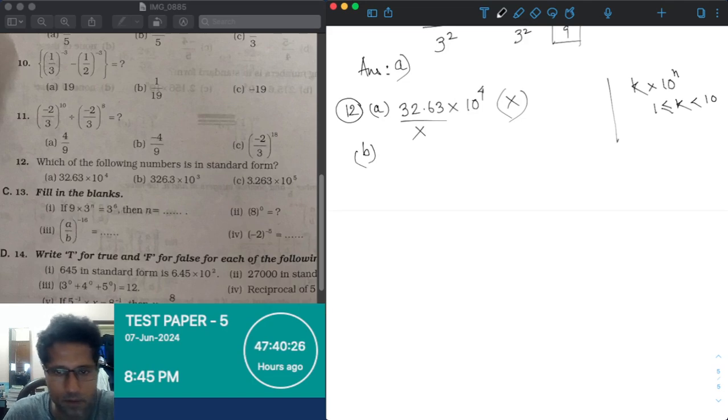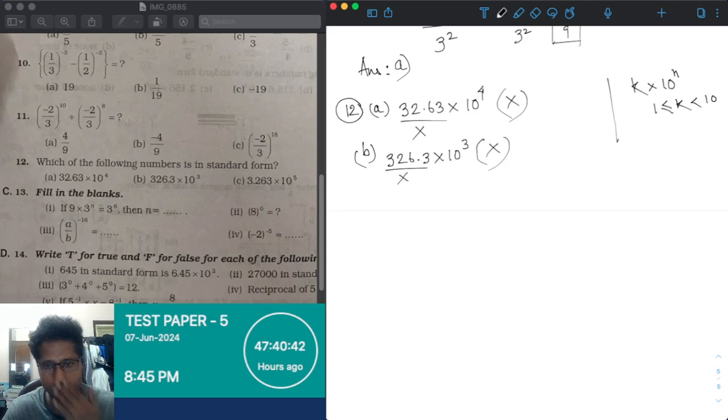B is 326.3 multiplied by 10 to the power 3. This is again wrong because this part should be less than 10 and greater than or equal to 1. What is C? C is 3.263 multiplied by 10 to the power 5.